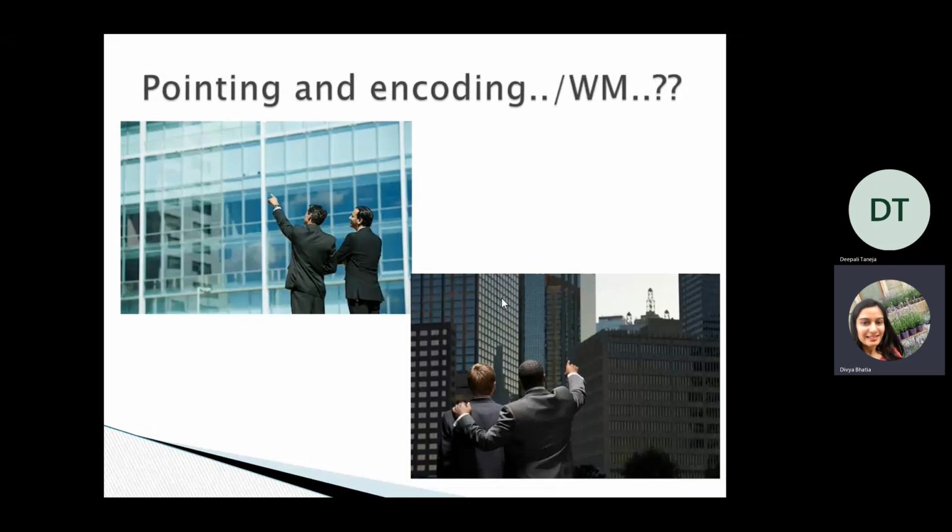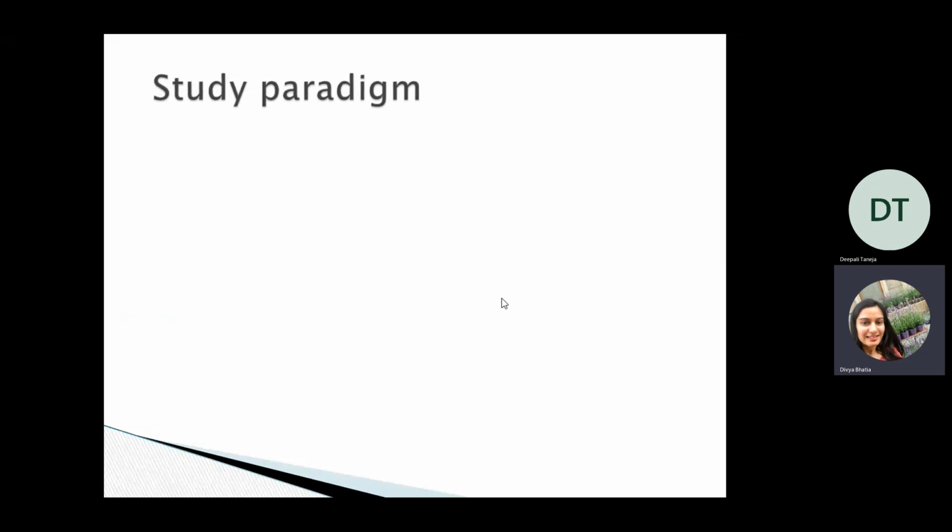To talk about how we converted these questions into laboratory experiments, we used a paradigm and did dozens of studies on this. Before I speak about all of that, I would like to introduce the study paradigm. To do that, I have actually printed it for you.